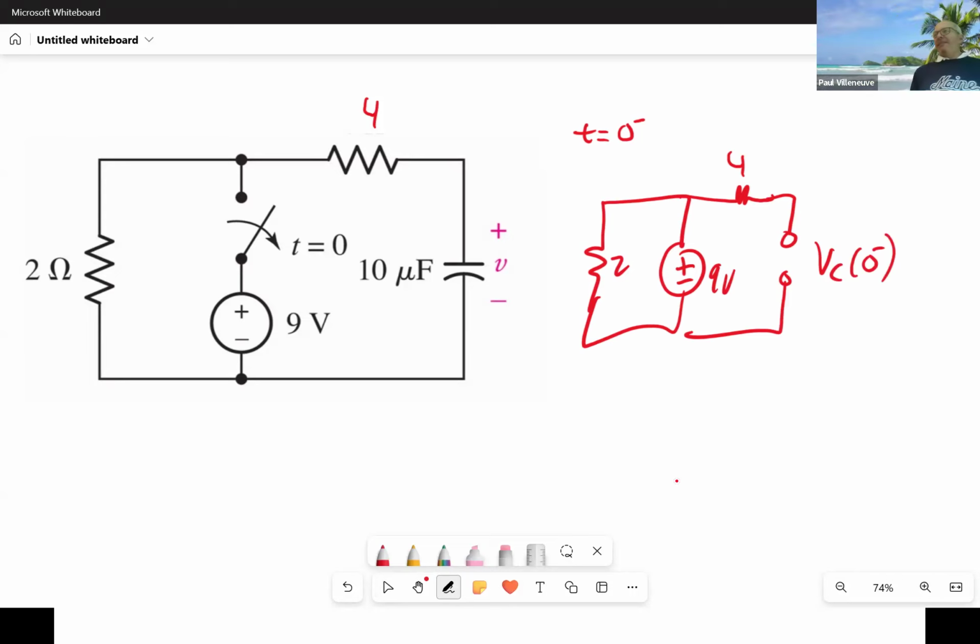So this, by definition, is Vc of 0 minus. So what that tells me is no voltage drop across the 4 ohm resistor because I've got no current flow through there. So I know that Vc of 0 minus is going to have to be equal to 9 volts.